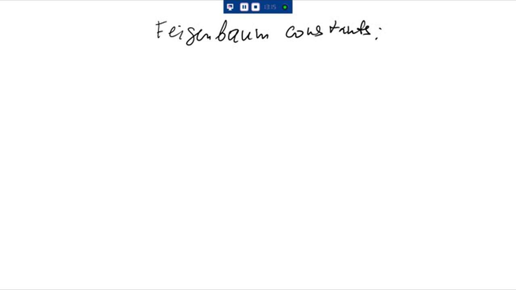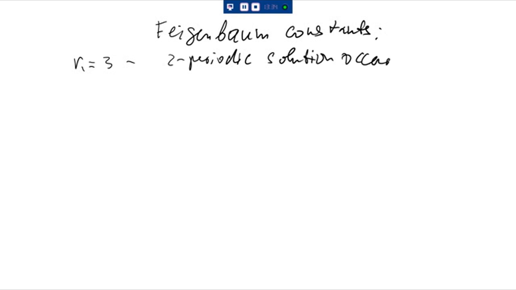So the first Feigenbaum constant is this. We know that at R1 equal to 3, a 2-periodic solution appears. At R2 equal to 1 plus square root of 6, which is roughly 3.45, a 4-periodic solution appears.